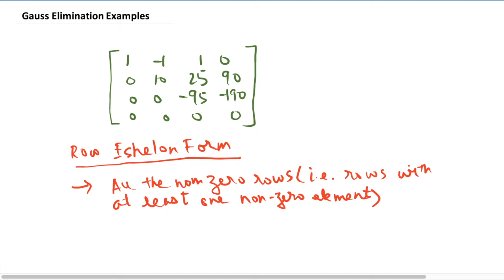Okay, so all the non-zero rows are above the rows with all zero elements.